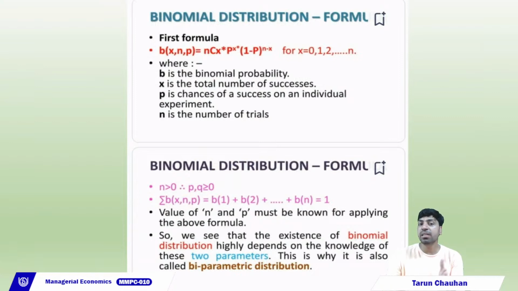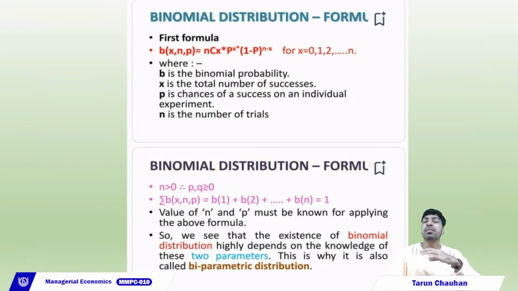So this particular term denotes two main concepts. The first one is Bernoulli theorem, the second one is Bernoulli distribution, and the third name of this particular distribution is biparametric distribution. So don't be confused if it is given in the question.